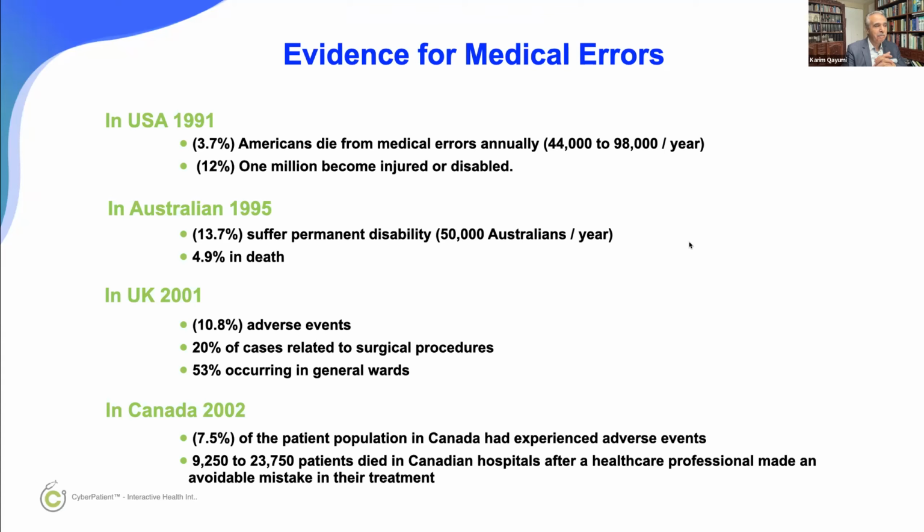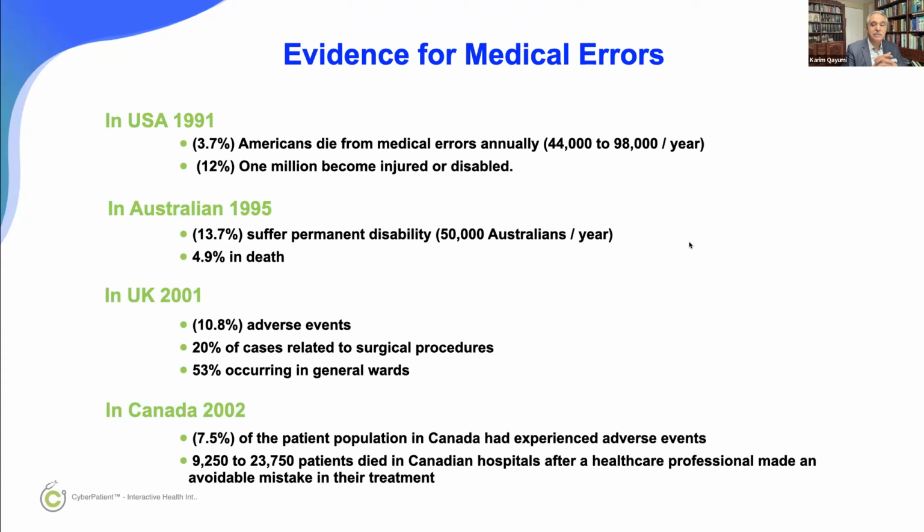The report actually increased this to 200,000 people per year in US hospitals dying because of medical errors. And about 1 million become injured and disabled in the United States of America because of medical errors.